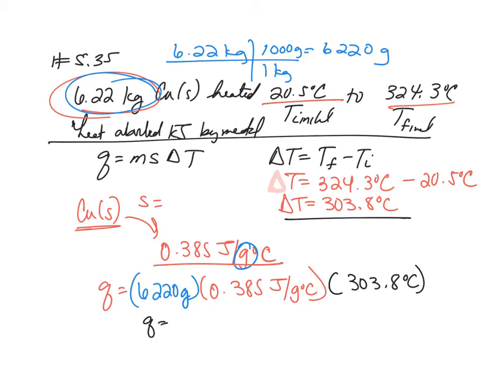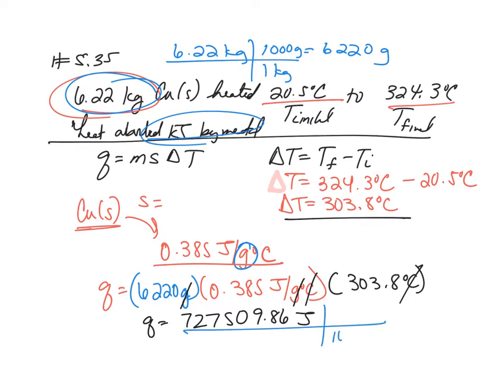And so you get 727,509.6, and the grams cancel out, degrees Celsius cancel out, and that's joules. And it asks you for the amount of heat in kilojoules. So then we want to convert 1,000 joules for 1 kilojoule, not kilogram.